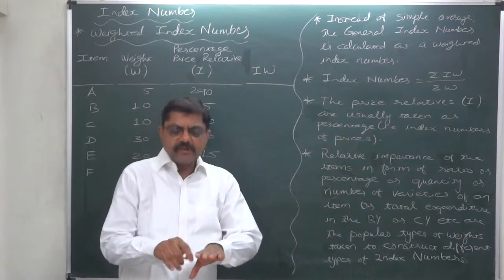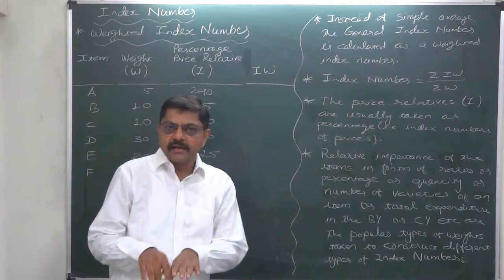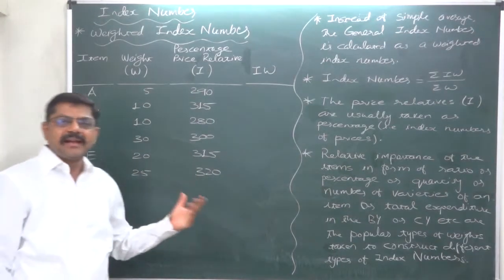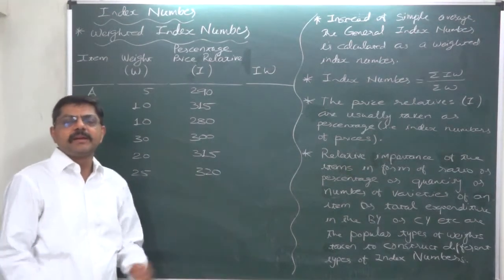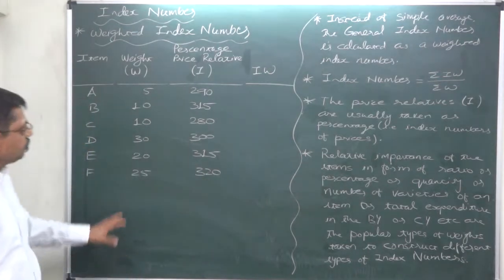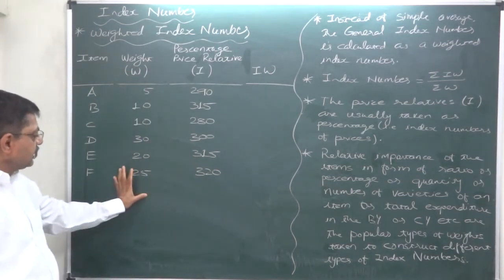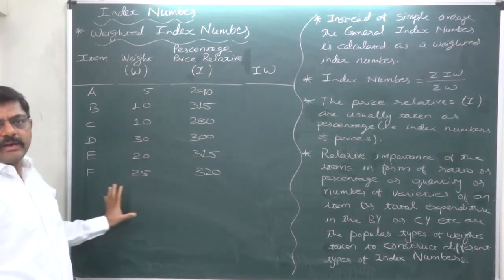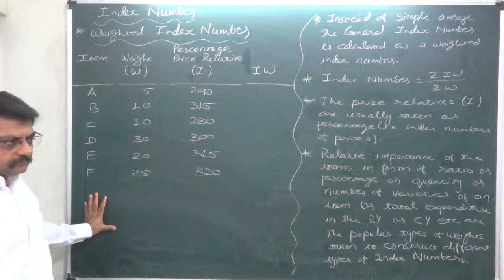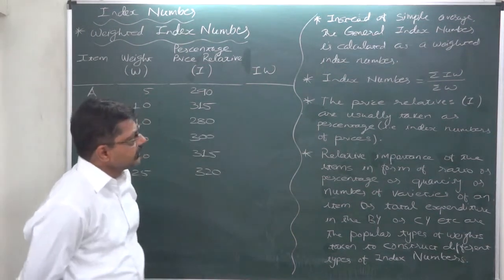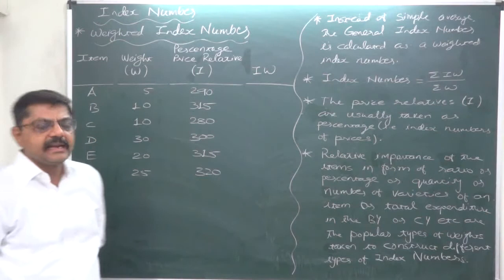The difference between simple index number and weighted index number is just as similar as the difference between simple mean and weighted mean. In case of weighted index number, we have to consider the weights or relative weights of all the items. Yes. So instead of simple average, the general index number is calculated as a weighted index number.